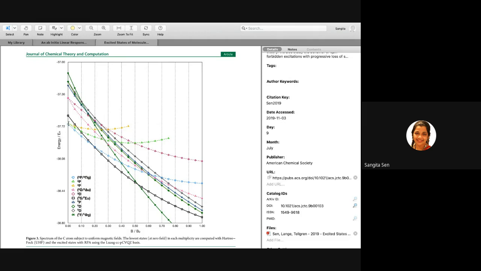Because you have three p orbitals, as soon as I switch on the field, it splits into three, and you have a net lowering of the energy. Here the spin interaction is also included.